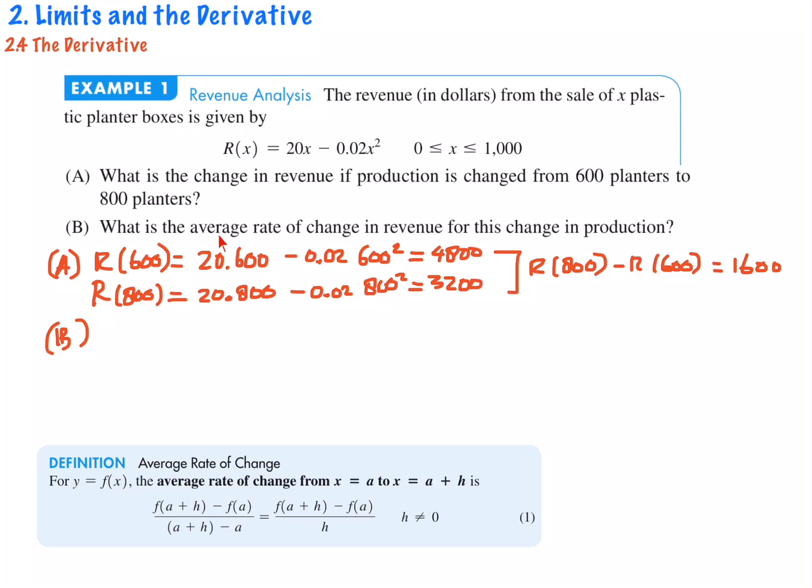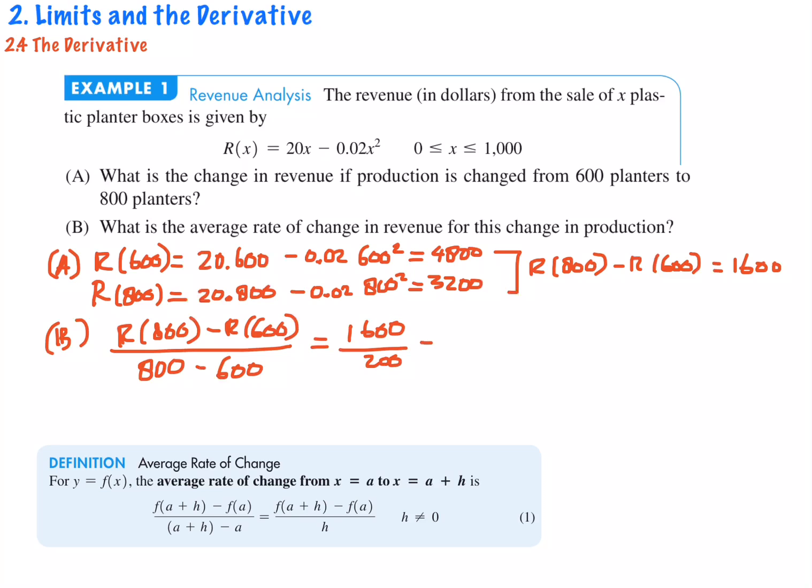What is the average rate of change in revenue for this change in production? It will be R of 800 minus R of 600, divided by 800 minus 600, and then we'll get 1,600 divided by 200, and the answer is 800.